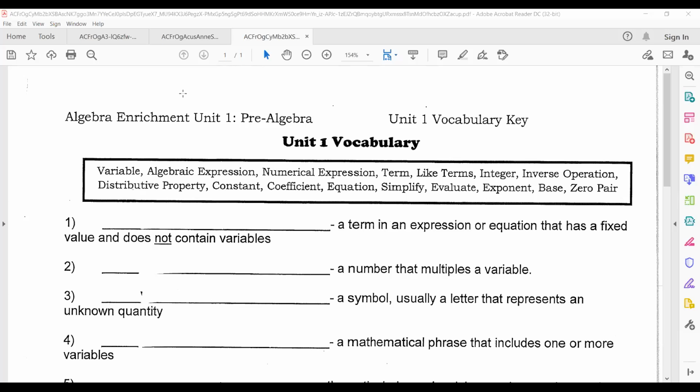I could add more variables. I can add some more terms. The problem is it's not solvable. There's no way to figure out what x equals. But it's an algebraic expression. It's algebraic because there's a variable. As soon as you add a variable, it becomes algebra.